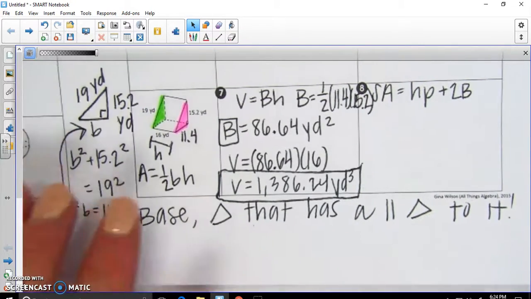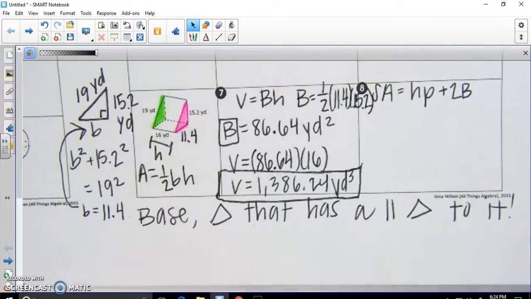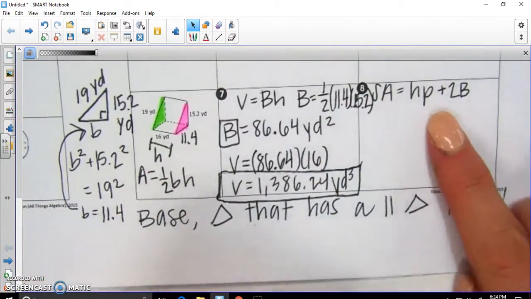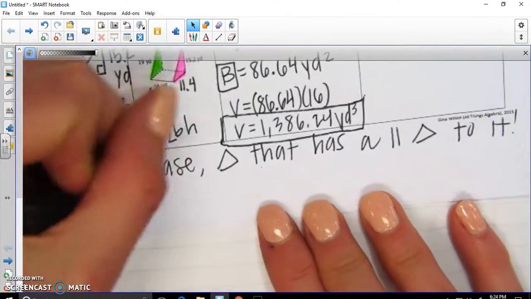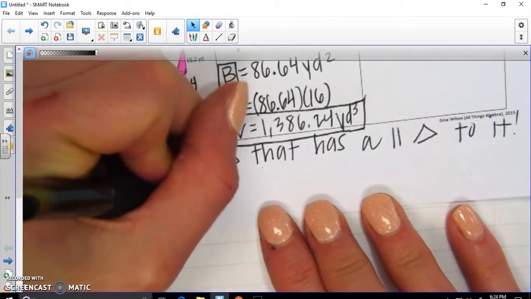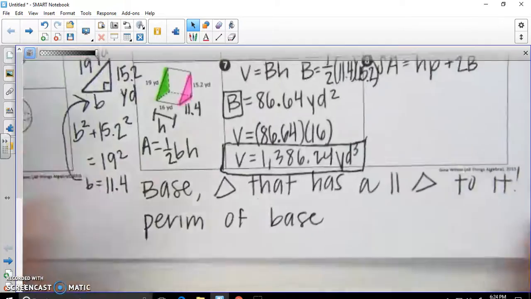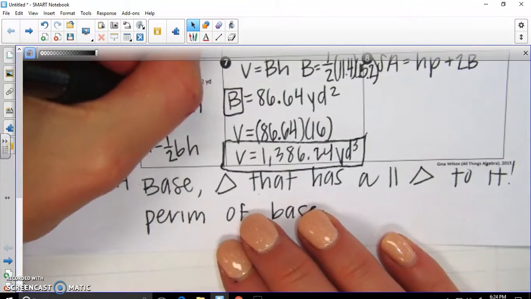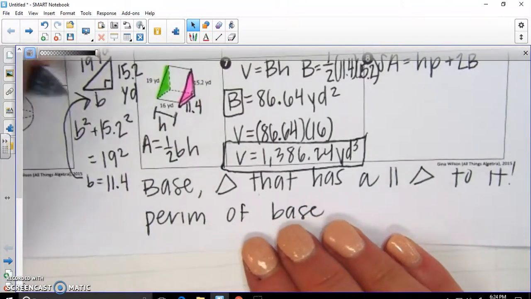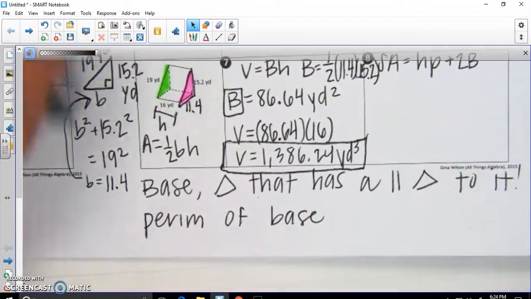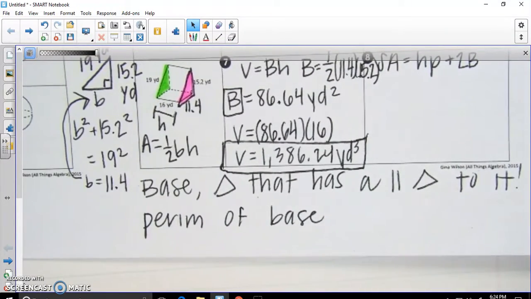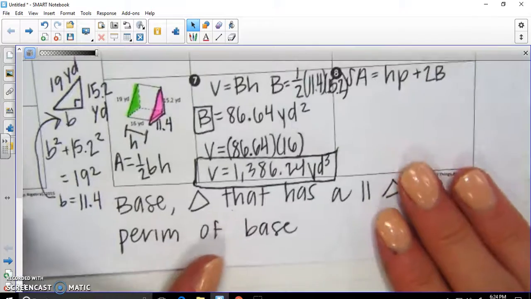For the last one, surface area. So it's the height. P stands for the perimeter of the base, okay? So we're looking at our base, this triangle right here, 15.2, 11.4, and 19. So 15.2, 11.4, and 19, we're going to add those up and see what we get.